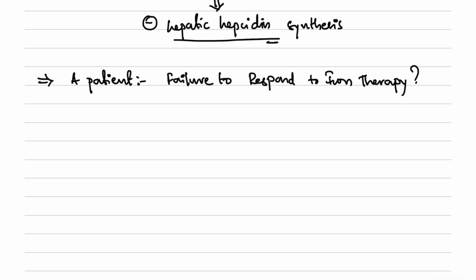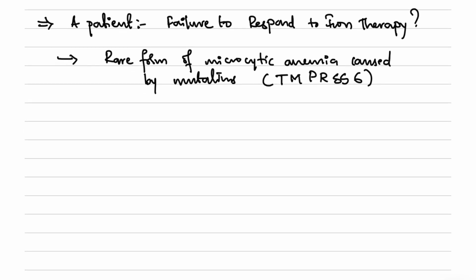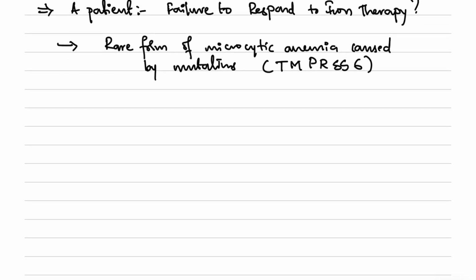So this is a rare form you have to consider. It's a rare form of microcytic anemia caused by mutations in the gene known as TMPRSS6.